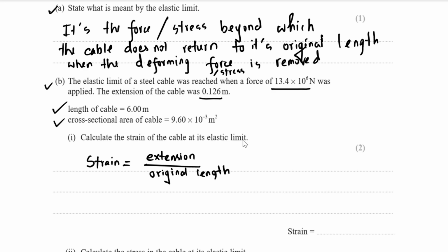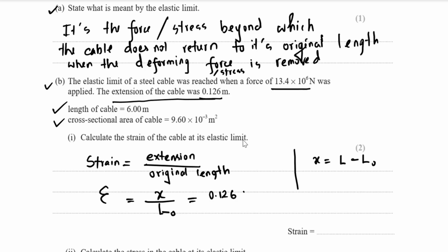So strain equals x divided by original length. Original length is L. How can we find extension? New length minus original length. But here the extension of the cable was given as 0.126 meter, and the original length is 6 meter.